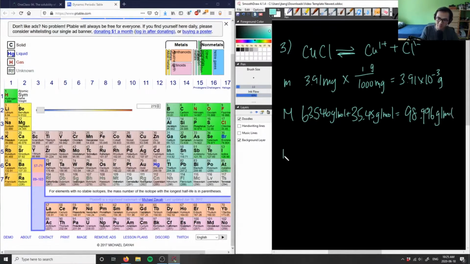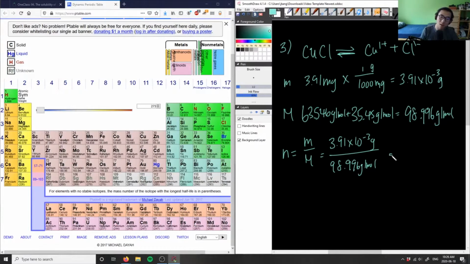And now we can solve for the moles, right? Because we know that the moles is simply mass over molar mass. We're given our mass, which is 3.91 times 10 to the negative 3 grams, divided by 98.996 grams per mole.